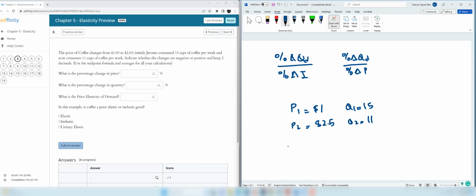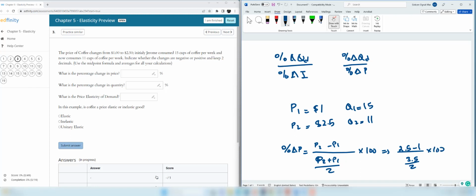For the midpoint formula, we need the percentage change in quantity and the percentage change in price. Percentage change in price is calculated as follows: P2 minus P1 divided by (P2 plus P1) over 2. And if you want this number as a percentage, not a decimal, then you multiply by 100. Given this, P2 is 2.5 minus 1, divided by the average of these two numbers, which is 3.5 over 2, times 100.